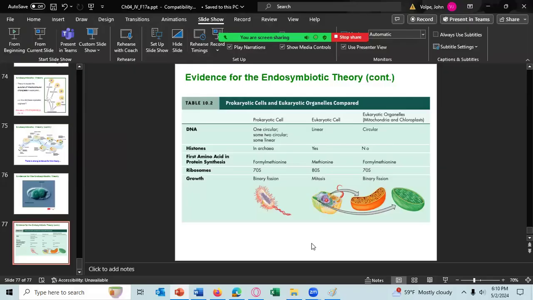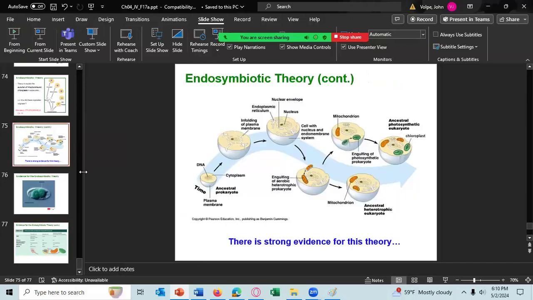All right. So that's the theory of endosymbiosis, where, in an animal cell, a long time ago, we had a proto-eukaryote cell, or ancestor eukaryote cell, that engulfed a bacteria.